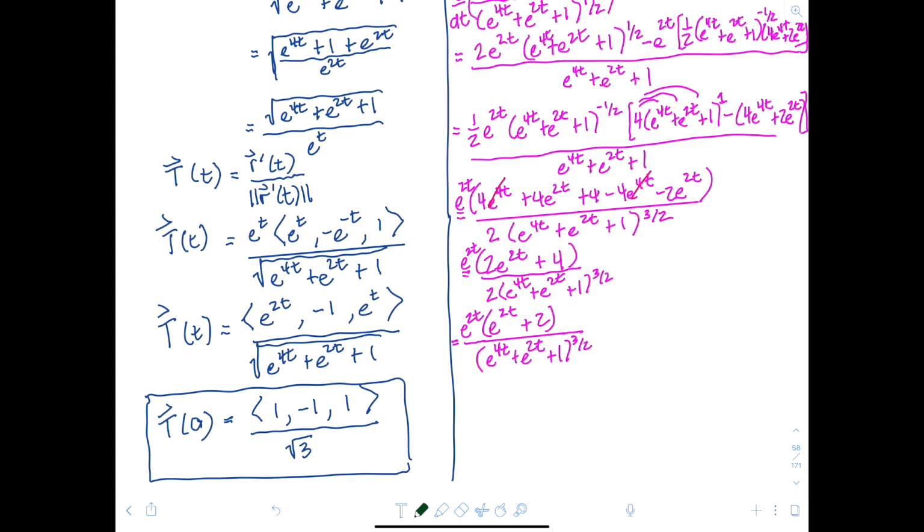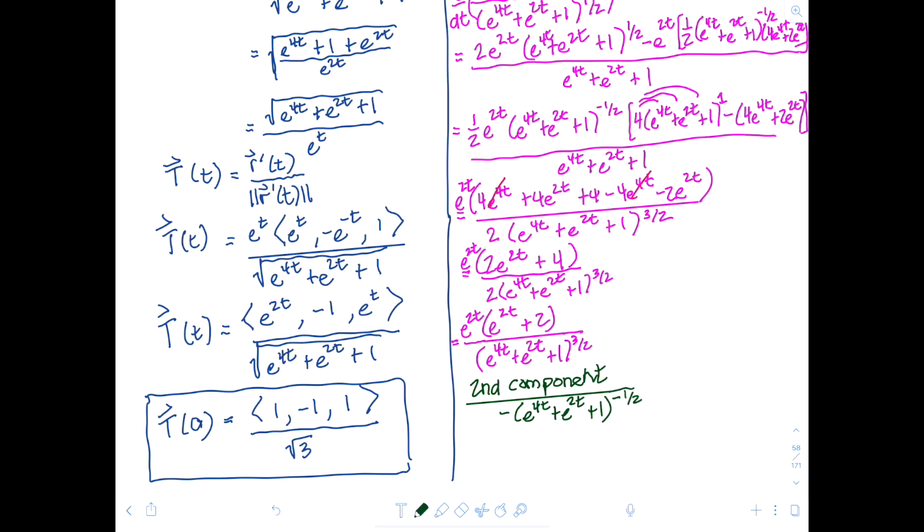So for the second component, we're going to have negative quantity e to the 4t plus e to the 2t plus 1 raised to the -1/2.